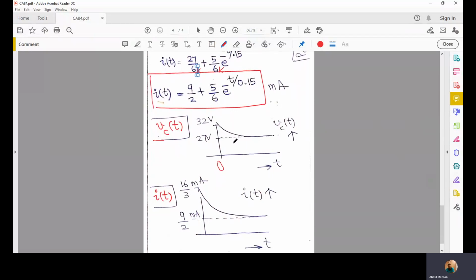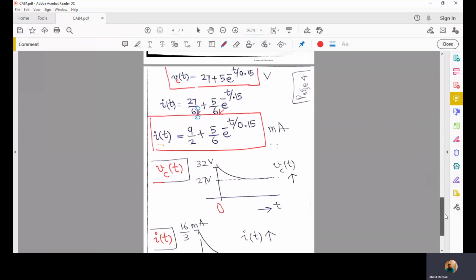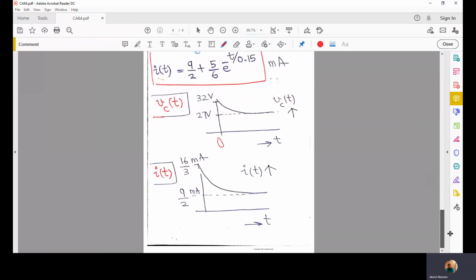In fact, they both settle at a value larger than 0. This is because we have K1 different from K2. So this is another kind of exponential, for which the settling value at time t equal to infinity isn't 0, and it is a decreasing exponential.